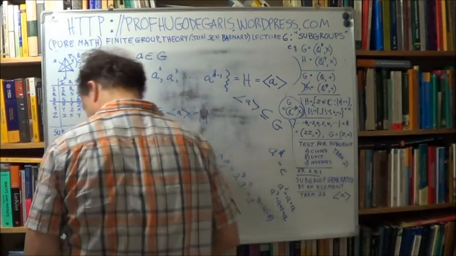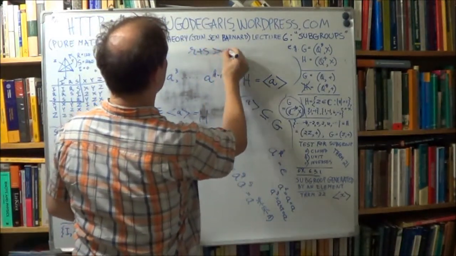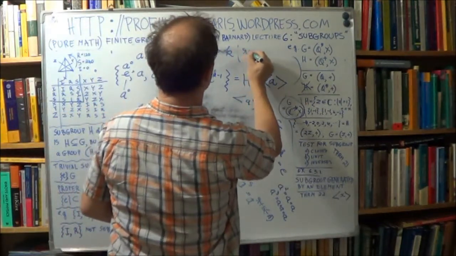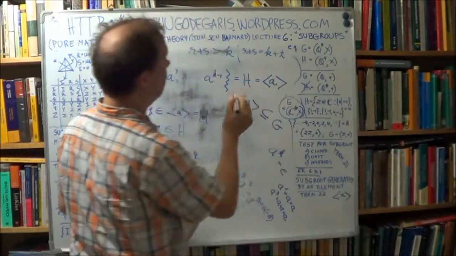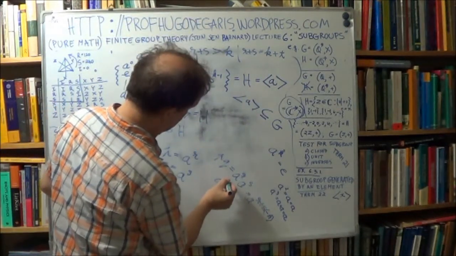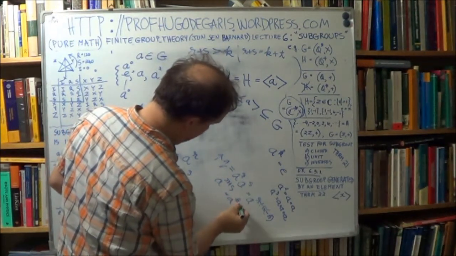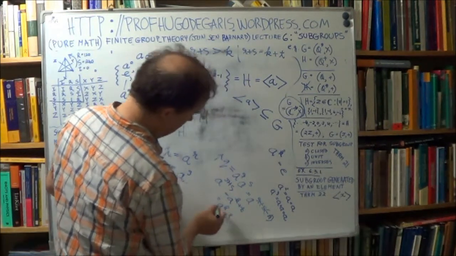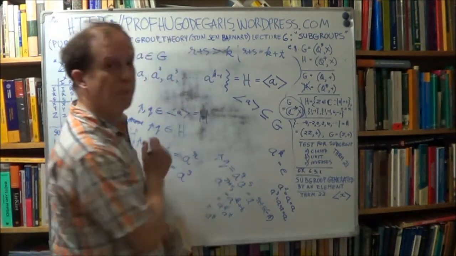Write R plus S as K plus T. Then A^(R+S) is A^(K+T), which is A^K times A^T. Now A^K is just E, so this just becomes A^T.